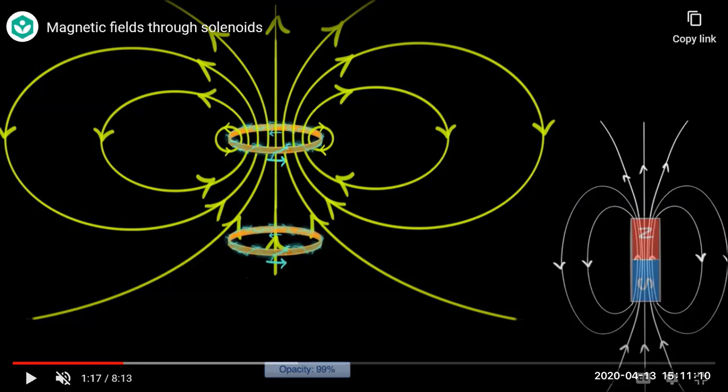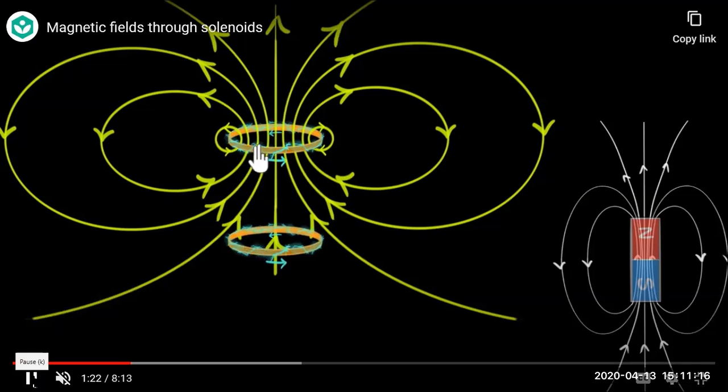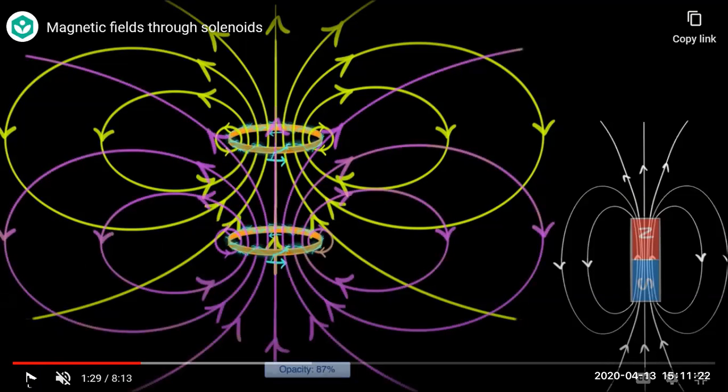So if I imagine the magnetic field lines of just below your first ring, how will the magnetic field lines be? Do you see, we have shown it using a different color here. You see that these magnetic field lines are its own. That is the magnetic field lines of the ring that is below this.